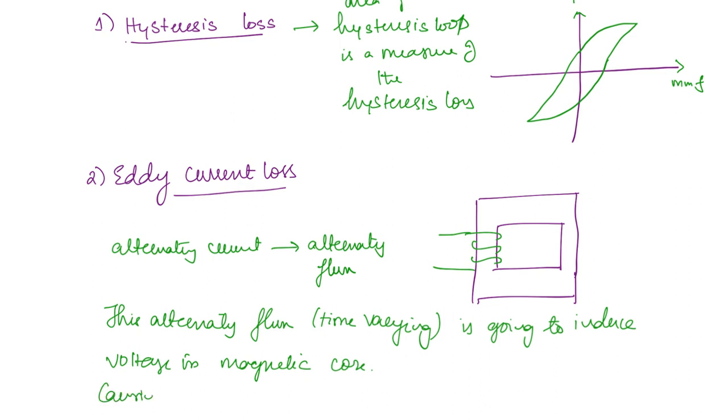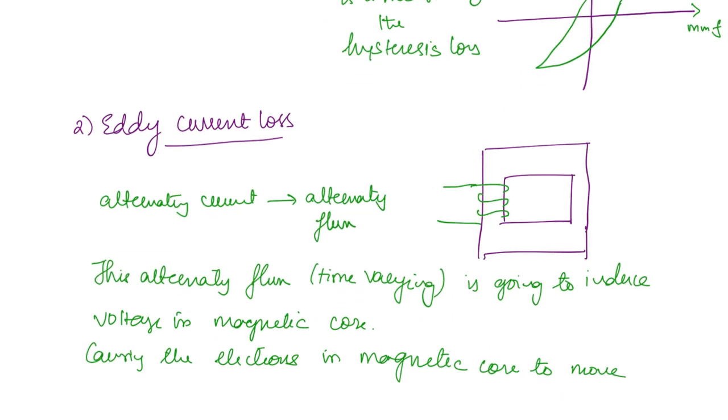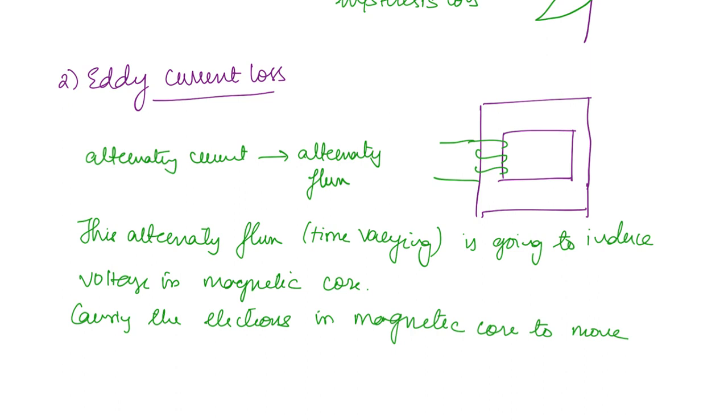Now when electrons are moving, what does it mean? It is nothing but current, right? So this movement of electrons in the magnetic core is termed as the eddy current.